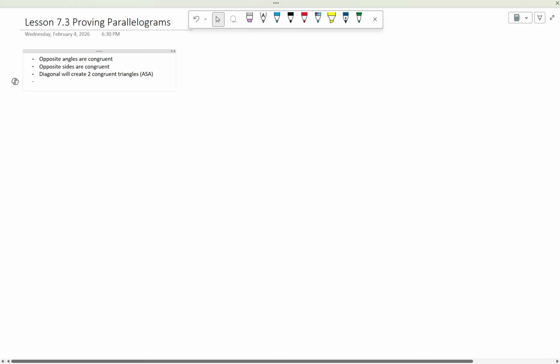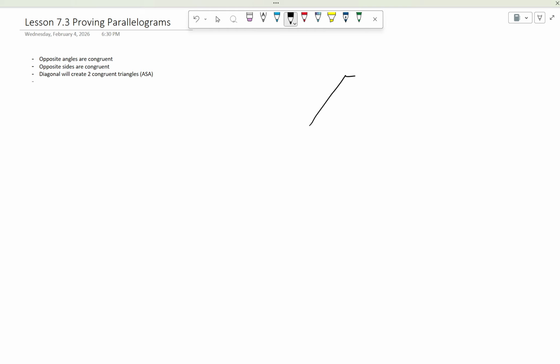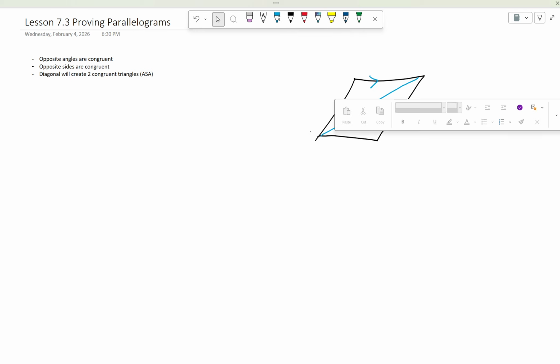I'm going to do a quick little illustration for you, a kind of quick shorthand proof. Here's a parallelogram, poorly drawn, but it's a parallelogram. I'm going to create a diagonal. Remember, the opposite sides are going to be parallel.